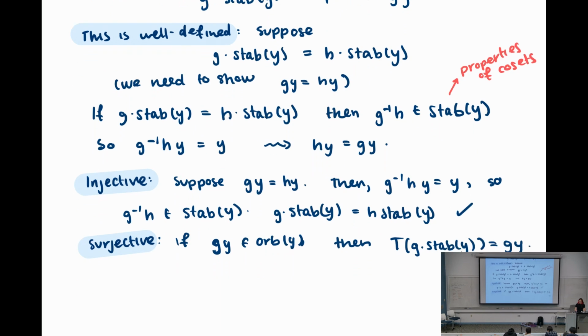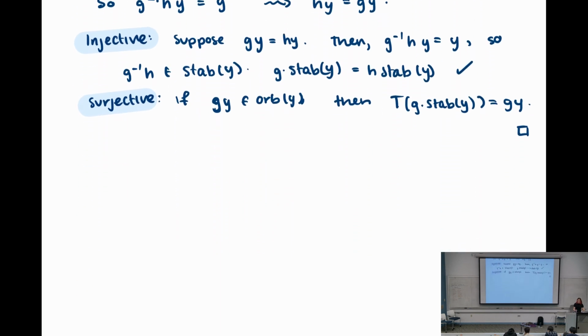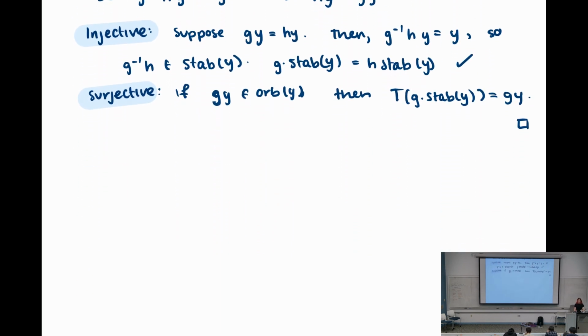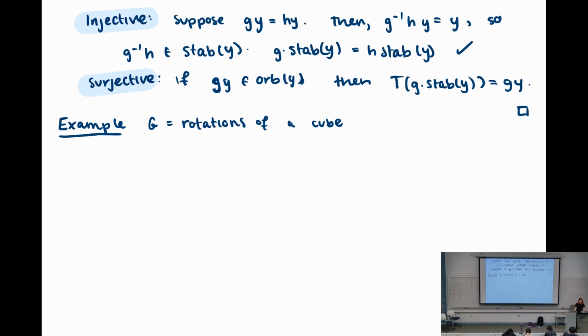Okay, I have an example, which we may not finish before time is over. So going back to, let's let G be rotations of a cube. And then I'm going to let X be the faces of the cube.